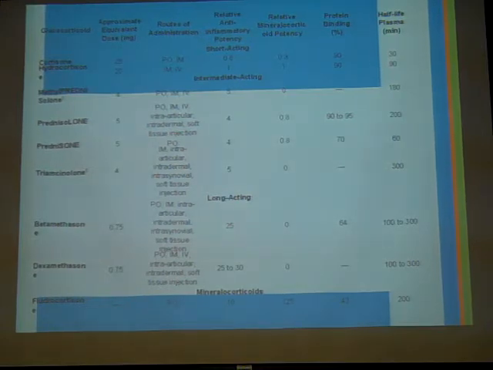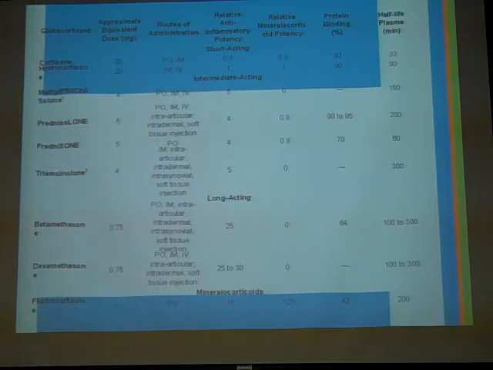But the IM form, Depo-Medrol, is milky, and don't ever give anything milky in a vial intravenously. Do not. So that's just something to reiterate from last time. And if you notice, these betamethasone, dexamethasone, they're very, very strong.